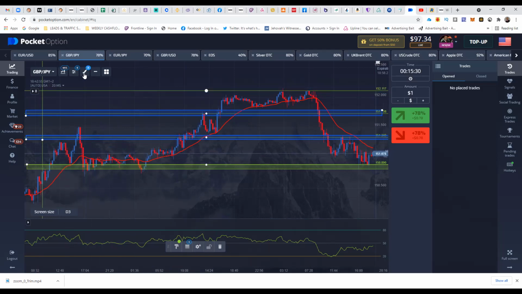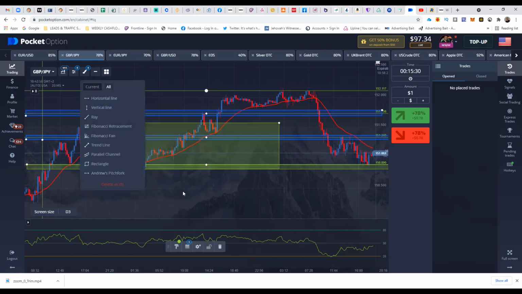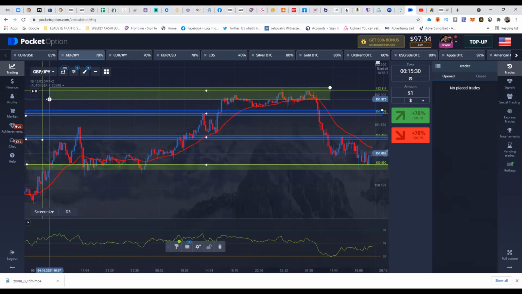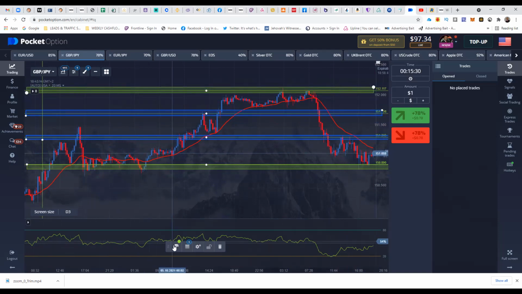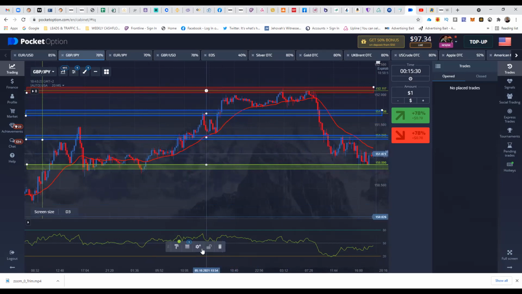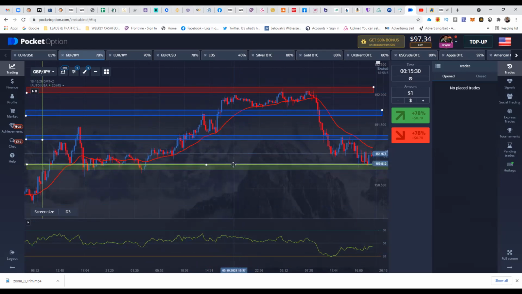So I'm going to draw another rectangle, and we're going to make this red. Then we're going to delete our lines since we don't need them anymore. We got the zones drawn out.